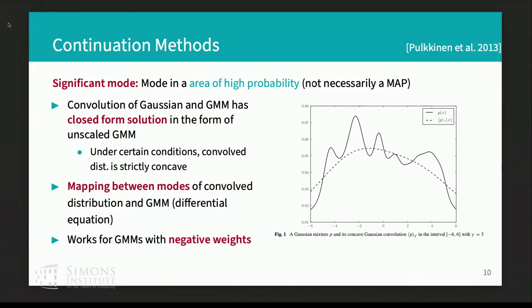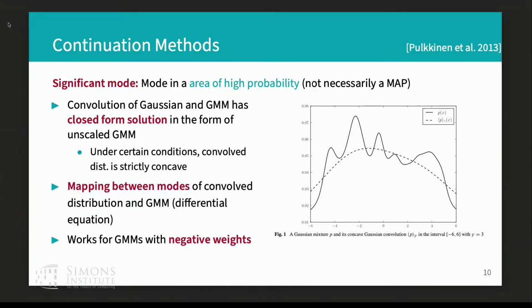And this is a general method. For Gaussian mixture models, you have this nice property that if you convolve a Gaussian mixture with a Gaussian, you get a Gaussian mixture model with some weird variances, but you just get a Gaussian mixture model. So this is interesting. You can show that under some conditions, if you convolve with a Gaussian that has a very high variance, then it's unimodal, so it's easy to find the mode of the convolved one.